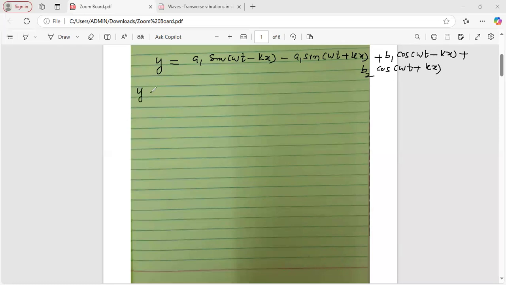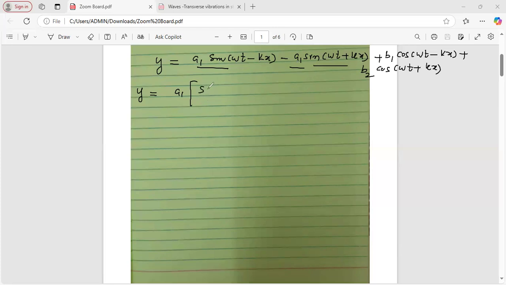So to simplify this, in the first two terms A1 is common. Here sin(ωt − kx) is sin(A − B), and sin(ωt + kx) is sin(A + B).